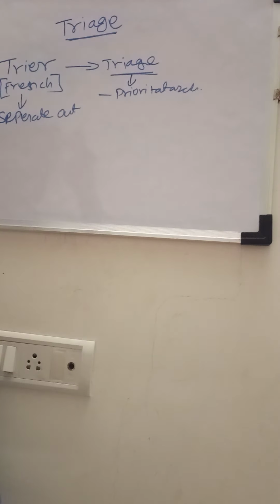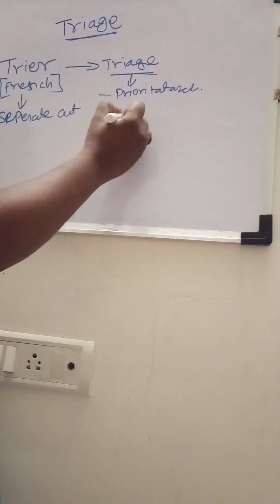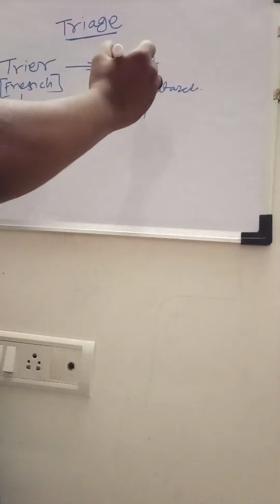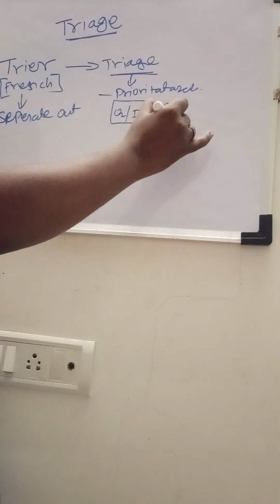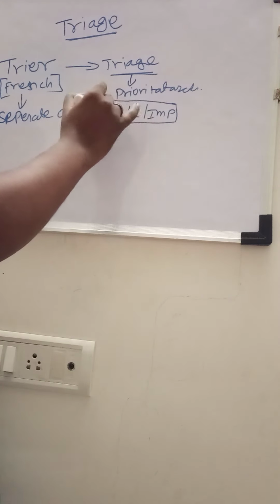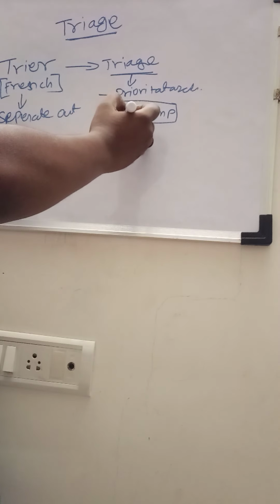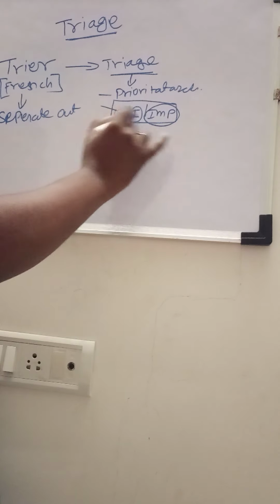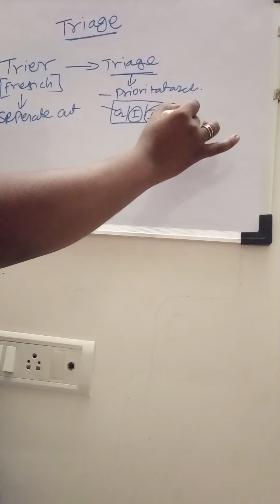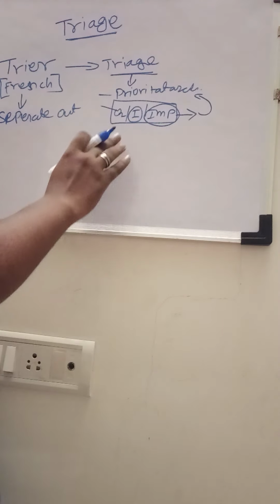In our PV field, triage means sorting out information according to the quality of the information available and its importance. Based on the quality and the amount of information available with us, and the importance of that information, the cases are given priority. This is the whole concept.